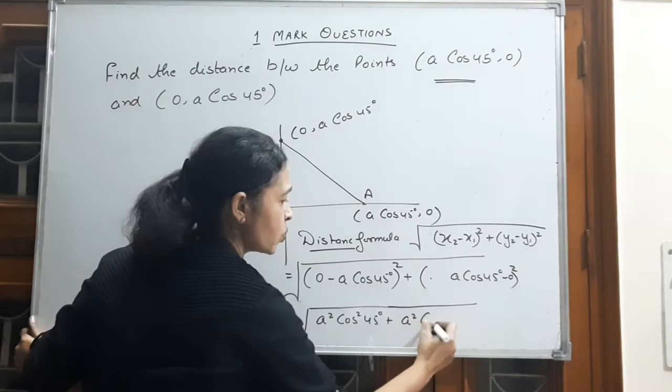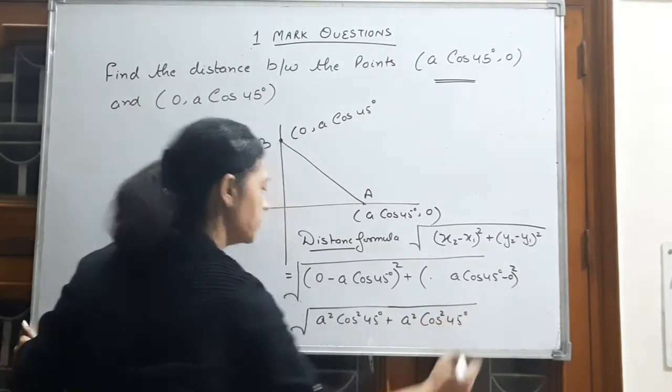Here also we get a square cos square 45 degrees.